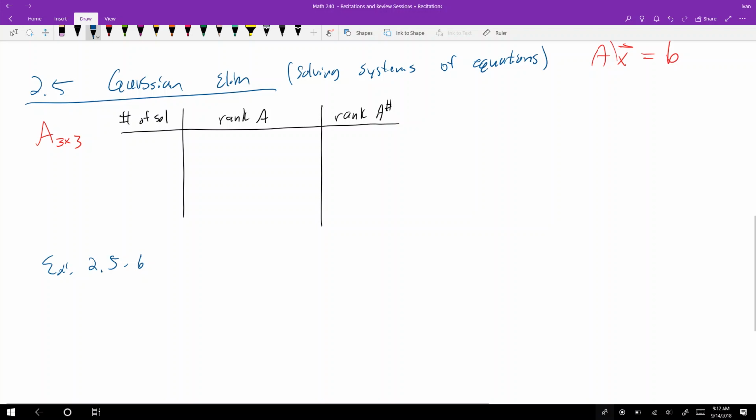I have the following system of equations. 3x1 plus 5x2 minus x3 is equal to 14. x1 plus 2x2 plus x3 is equal to 3. 2x1 plus 5x2 plus 6x3 is equal to 2.